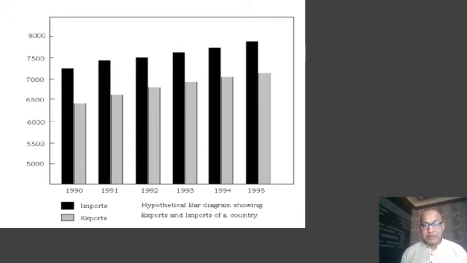Bar diagrams may be of two types, vertical and horizontal.